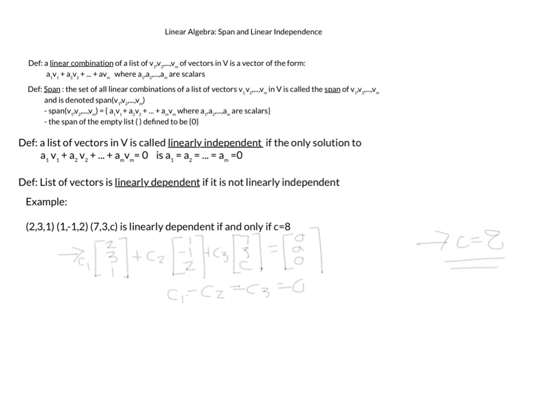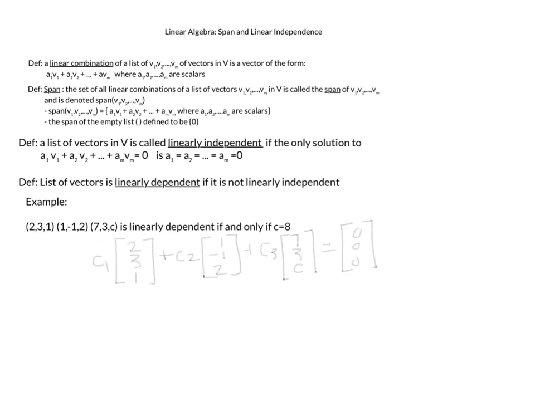The second part of the proof is to show that if c equals 8, then the vectors are dependent. But we actually just showed that in the previous example, so we only have one part to do. The first part of the proof is to show that these three vectors are linearly independent, meaning that c1, c2, c3 must be equal to 0 must imply that c is not 8.